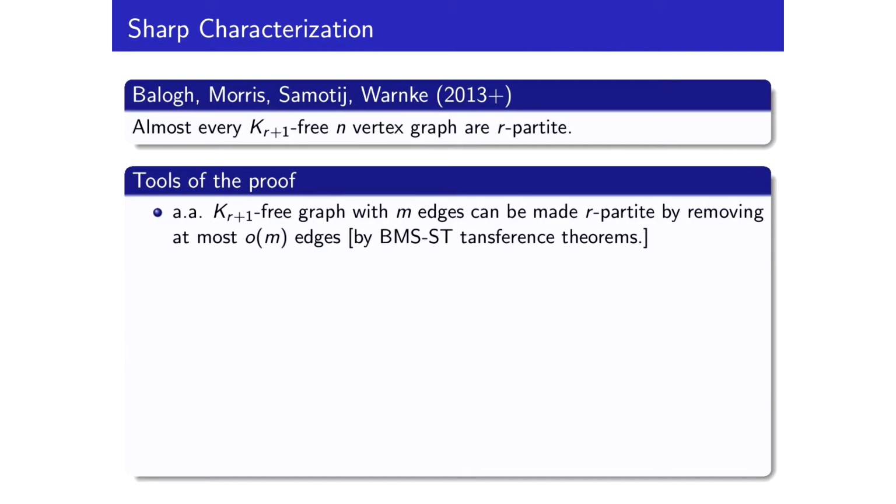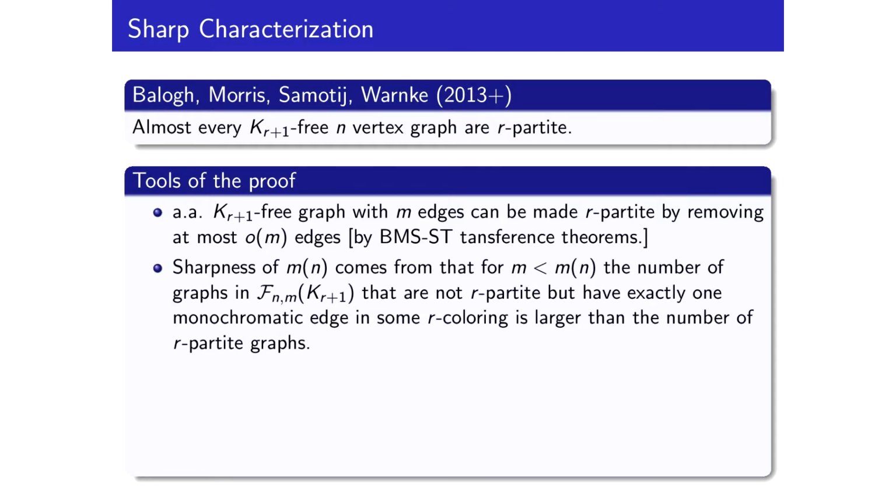So some ideas about the proof: the transference theorem proved in step 1 says that almost all K_{r+1}-free graphs with m edges can be made r-partite by removing at most epsilon m edges, so that most of the K_{r+1}-free graphs are already almost r-partite.